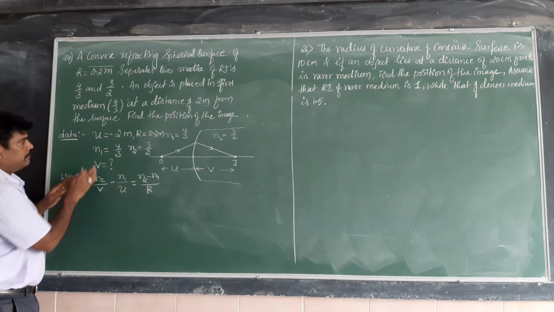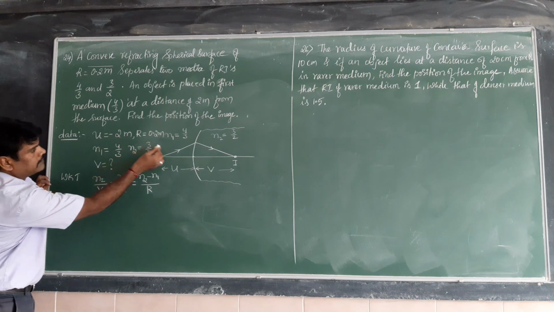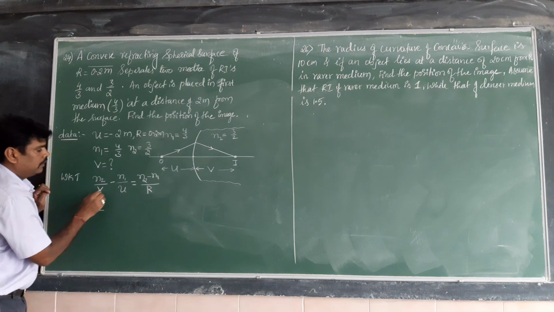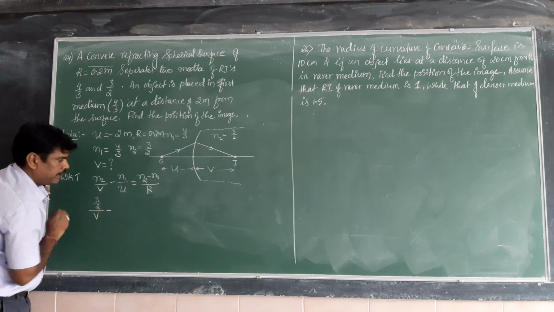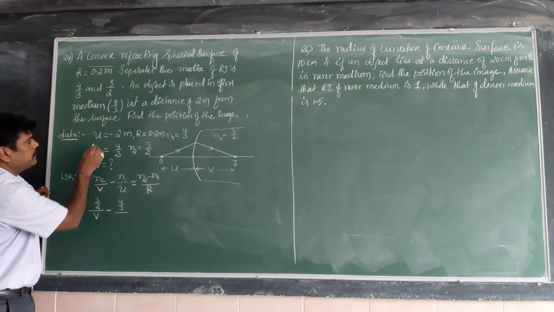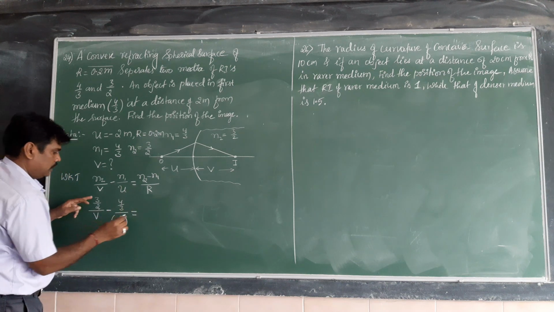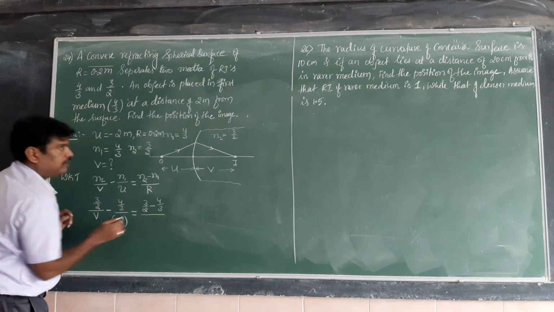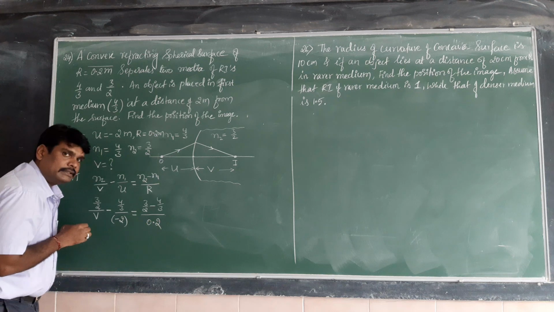Now in the next step, substitute all the values and do the simplification. Here N2 is 3 by 2, whole divided by V, where V is the image distance that we need to calculate, minus N1, which is 4 by 3, whole divided by U. U is equal to minus 2 meter, which is equal to N2 minus N1, that is 3 by 2 minus 4 by 3, whole divided by the radius of curvature, which is 0.2 meter.